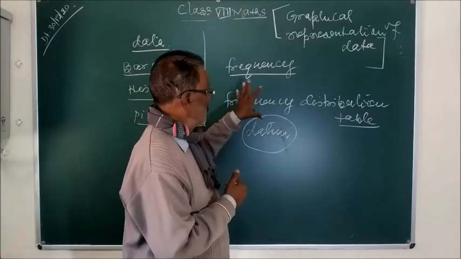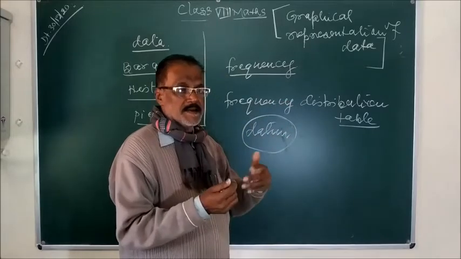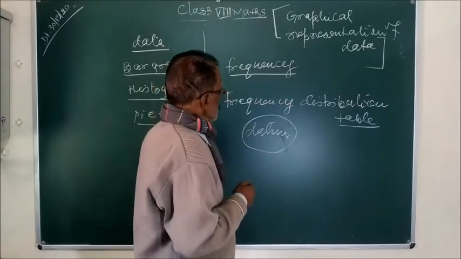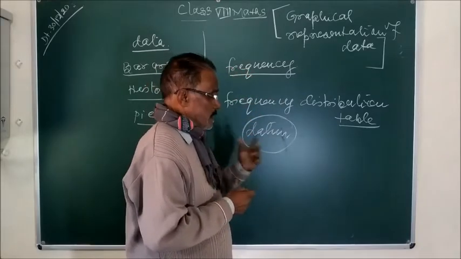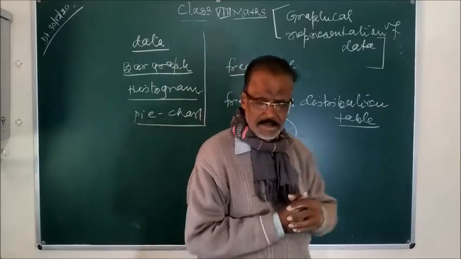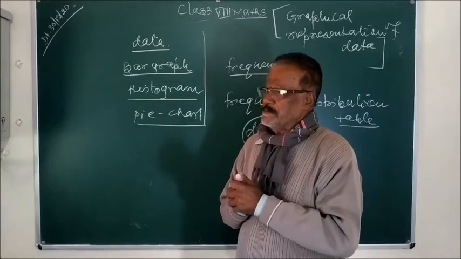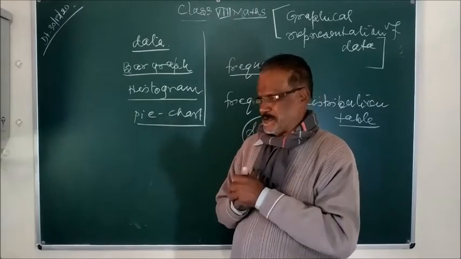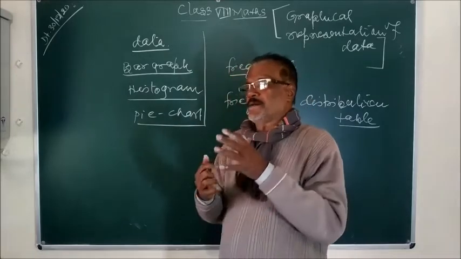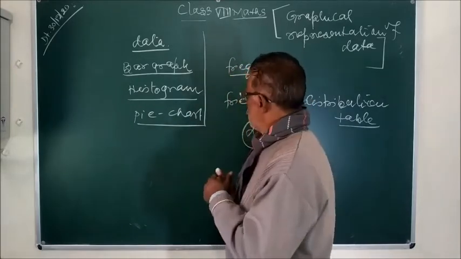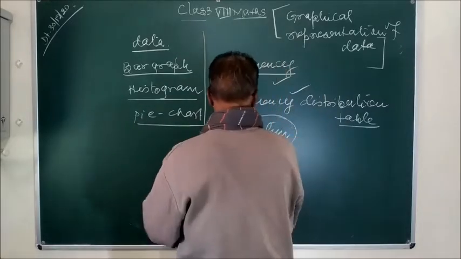How can you prepare a frequency distribution table with the given data? Now you should see frequency. A particular observation, the number of times an observation occurs in a given data, that is called frequency. So frequency and frequency distribution table I have already explained.